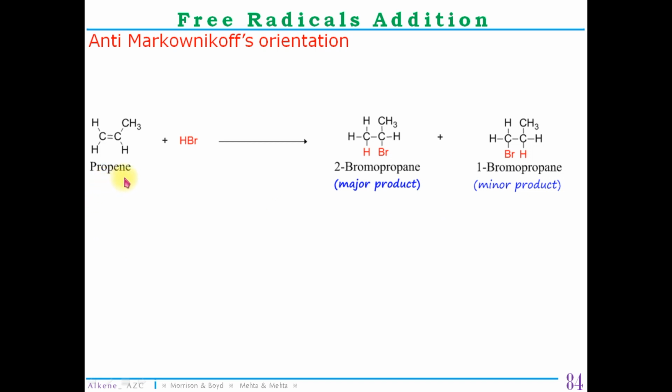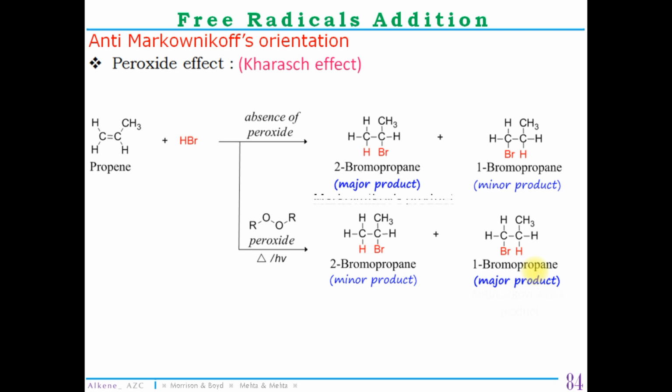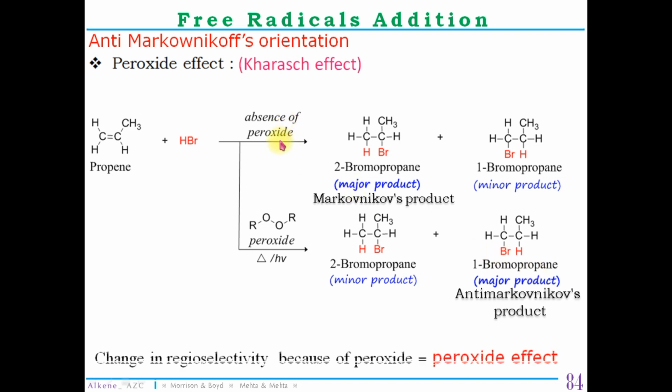Normally, when propene reacts with hydrogen bromide, major product is 2-bromopropane. But when this reaction is performed in presence of peroxide, at that time major product which we are obtaining is 1-bromopropane. So in absence of peroxide, major product is Markovnikov product, while in presence of peroxide, major product is anti-Markovnikov product.